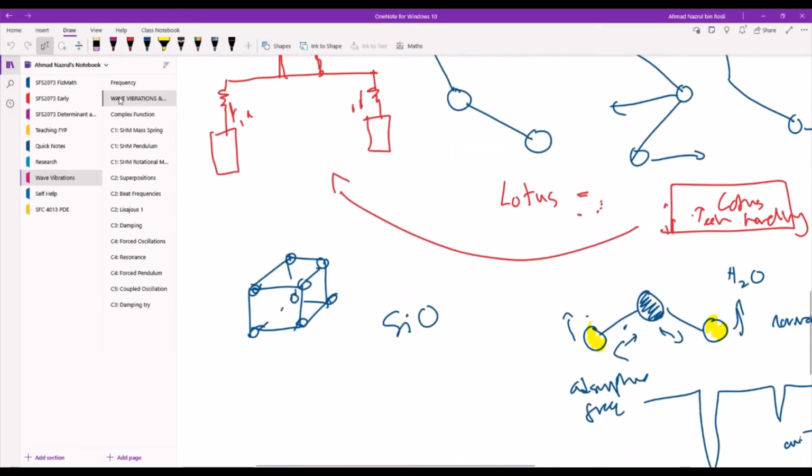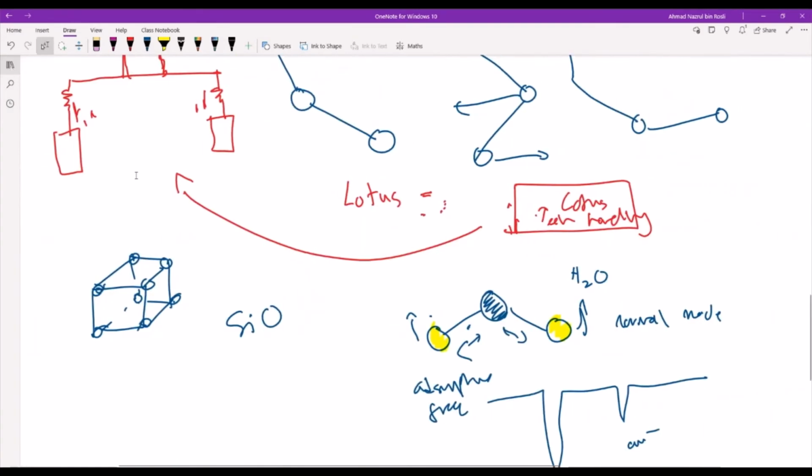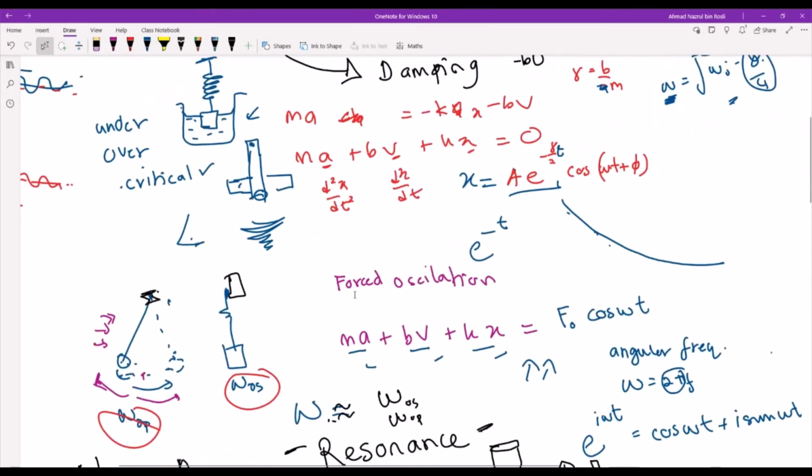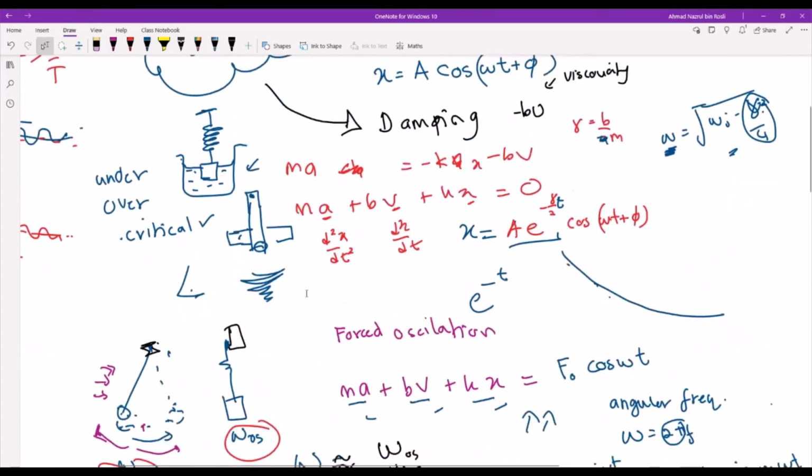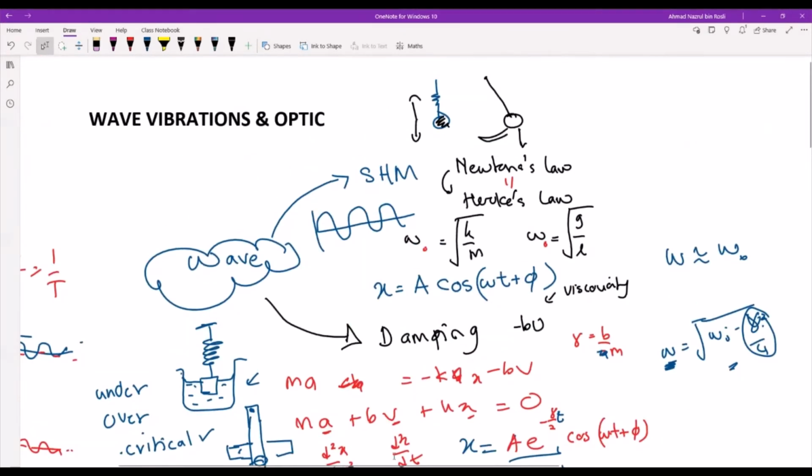Okay, so this is sum up of what is a wave and vibration, and hopefully you can get a brief idea of what is a wave and vibration. Inshallah, it will help you to understand a lot of topic after this, and also hopefully you can create your assignment.